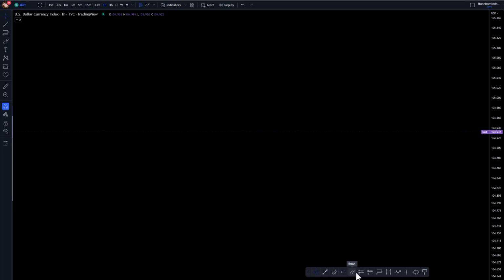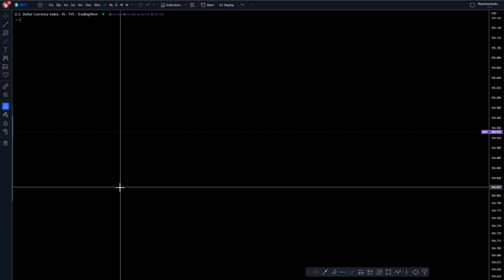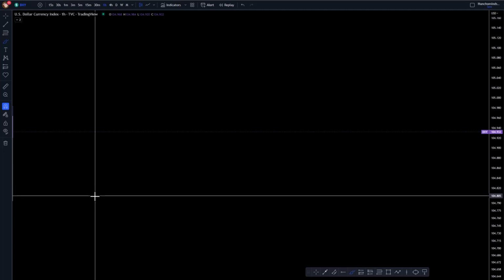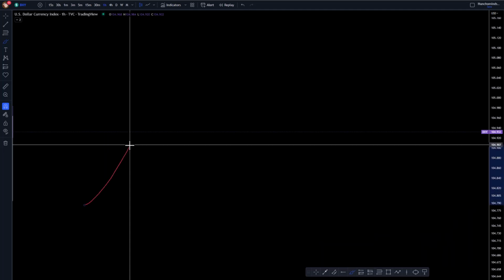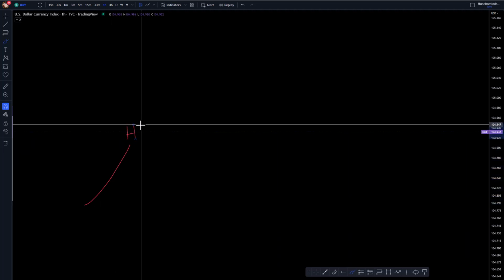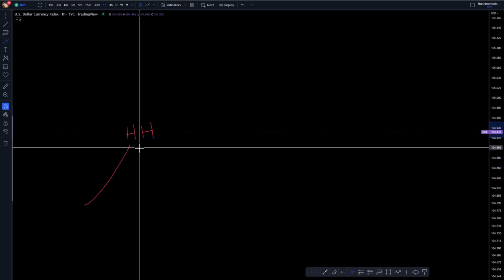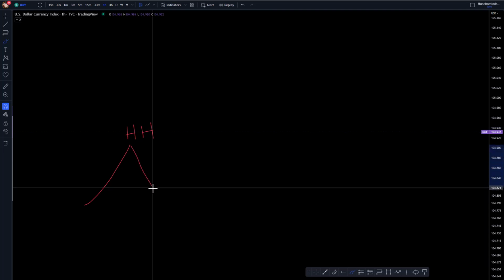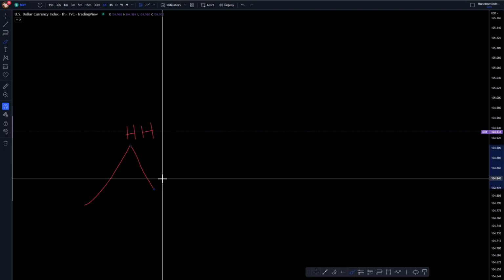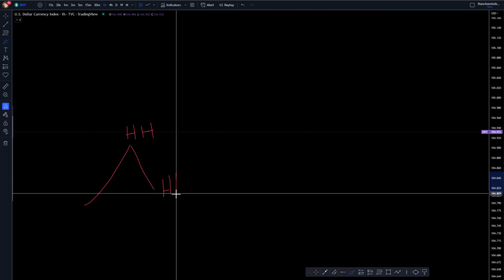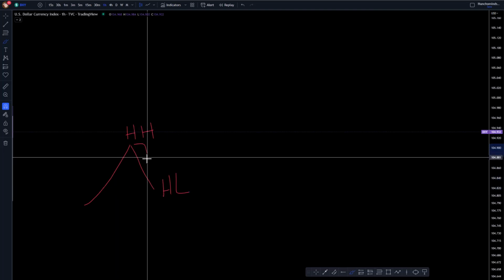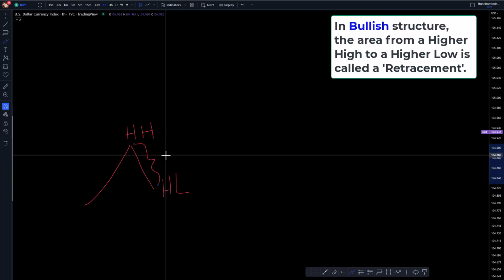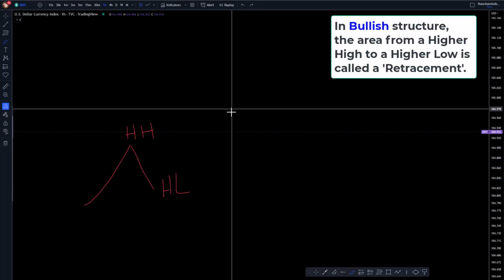When we're bullish, we create a high, a higher high, and from the higher high to the higher low, that zone right here, is what we call the retracement.